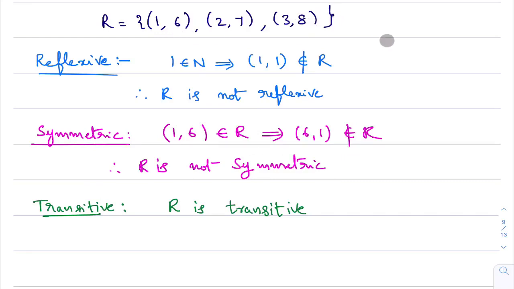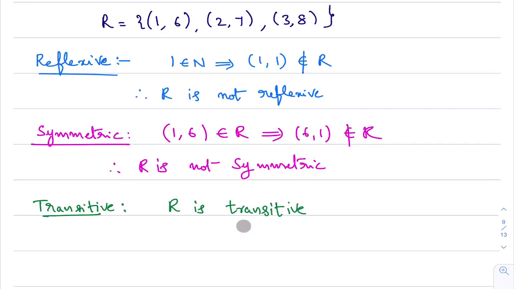Can we conclude that it is symmetric? No, you cannot conclude. You need to take 2 comma 7 and check whether 7 comma 2 is there. For every ordered pair A comma B in the given relation, you need to check whether B comma A is present in that relation or not. Okay, all these things you can understand only after doing all 9 bits. So we identified an example which is not satisfying the symmetric property, therefore R is not symmetric.